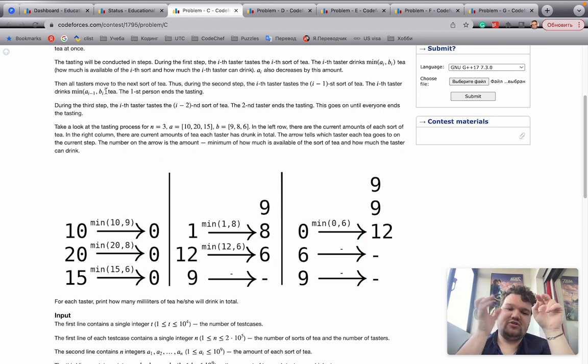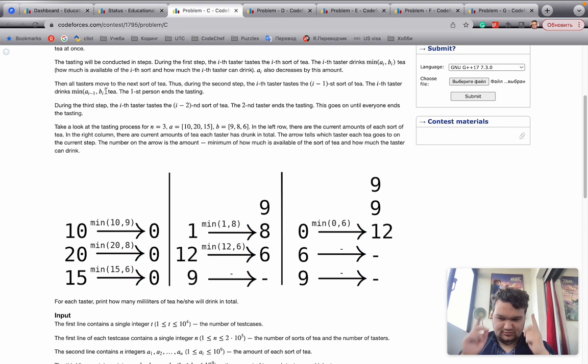So for some segment of tasters, they will drink just as much as they can. For one, they will drink something, and we can find that number. And for all others, they will drink just 0 of that type of tea. And we want to remember that information.